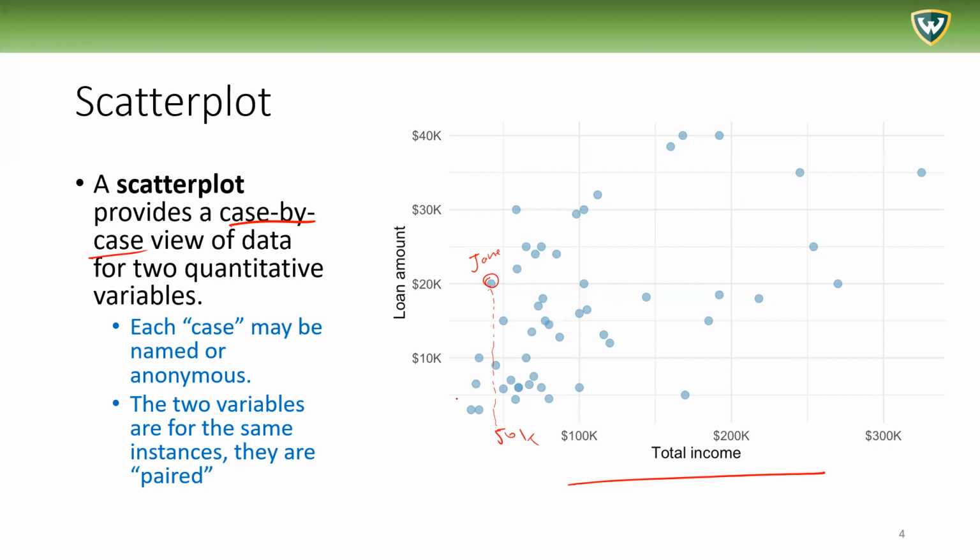To me, I see something like this here. There's a trend that when total income goes up, the loan amount also goes up. So we can say it's kind of linear, but it's very dispersed. These dots are very dispersed around it. They don't follow along this trend line closely, but it's still kind of linear.